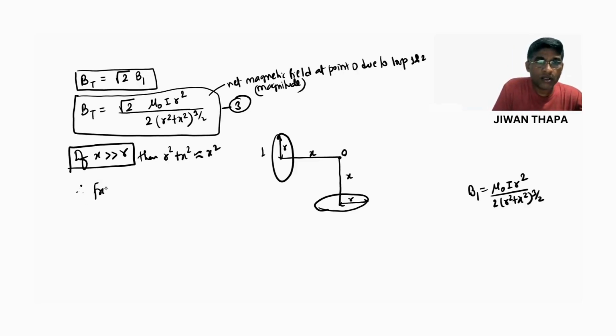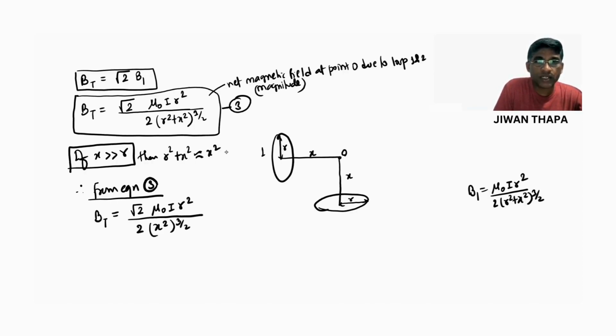Therefore, from the equation, the total magnetic field BT equals under root 2 mu naught I R square by 2, and we have X square whole power 3 by 2.